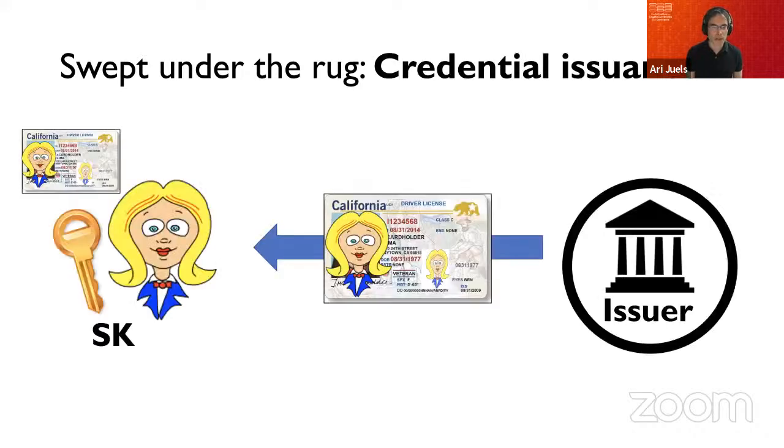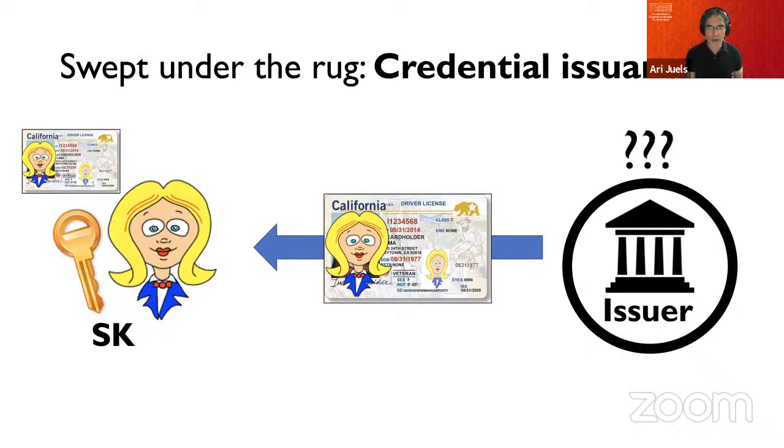This all sounds good, but there are a couple of critical problems swept under the rug in pretty much all of the standards efforts we've seen in this space. The first is the problem of this issuer here. Right, so I said an issuer, like the Department of Motor Vehicles, creates a digital identity document and binds it to the public key of the user.